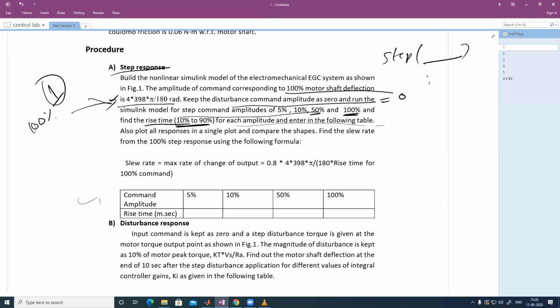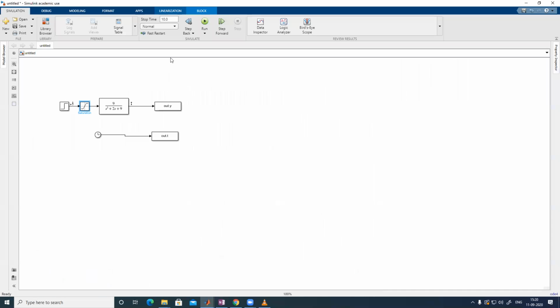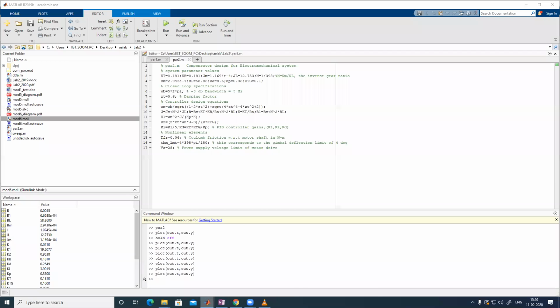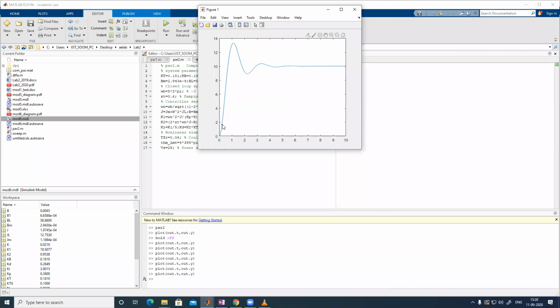Now you have to do it like this. You have to run the response, plot it like this, and calculate the 10% value and 90% value, and this will be the rise time.